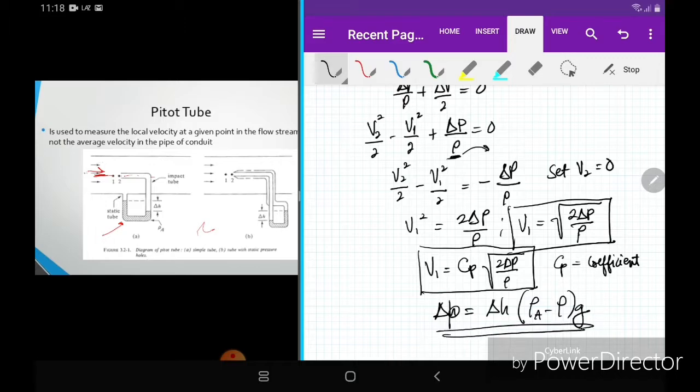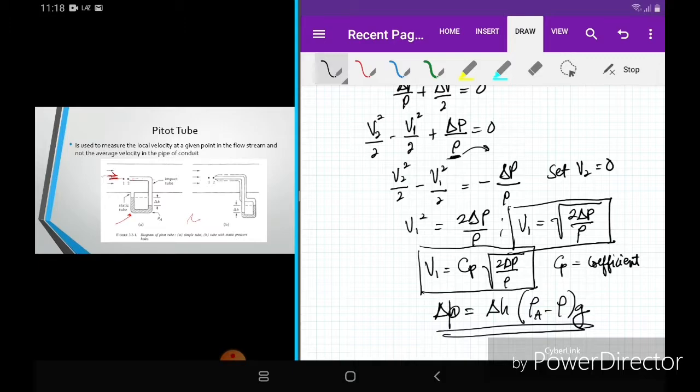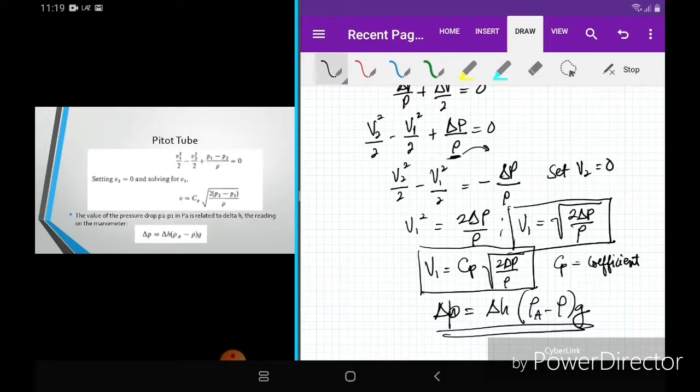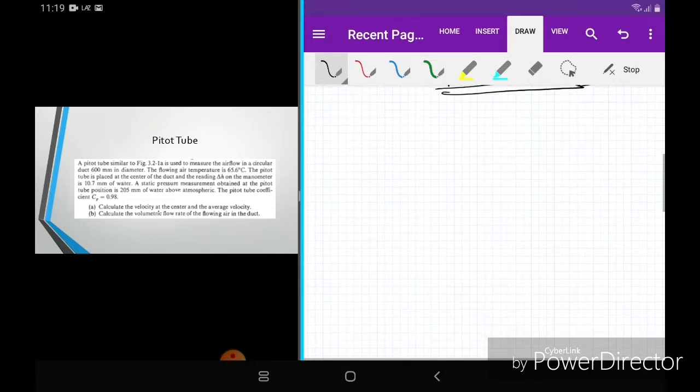Remember this particular equation before? So, for us to easily understand this particular equation, let us solve this particular problem.